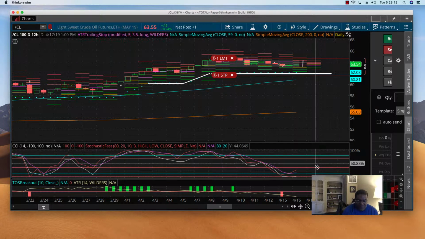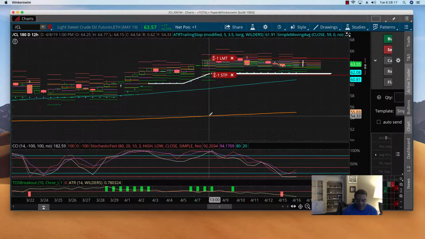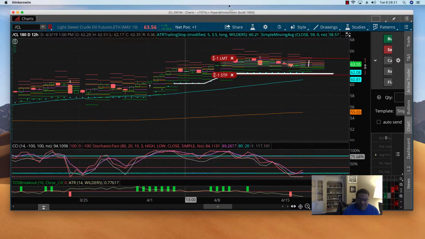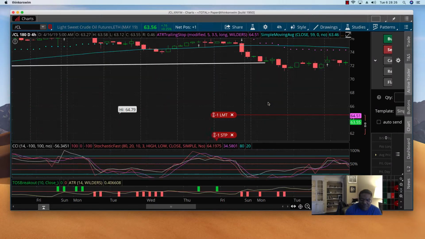So from 12, and you can also see the 50 is above the 200, which is a clear sign that you're in an uptrend. Let's go to the 4-hour.